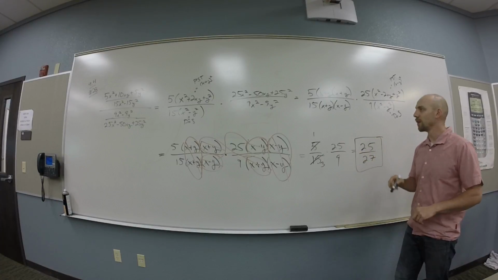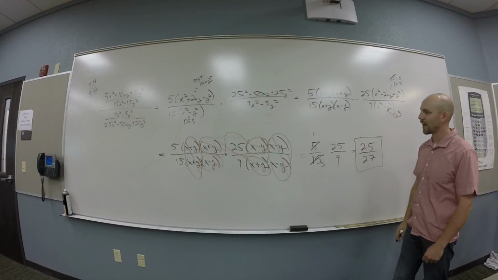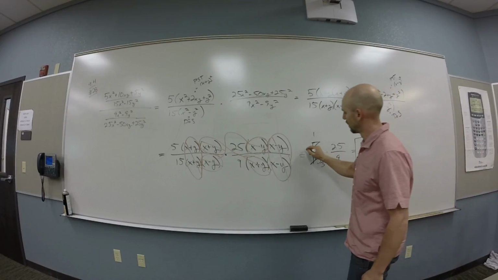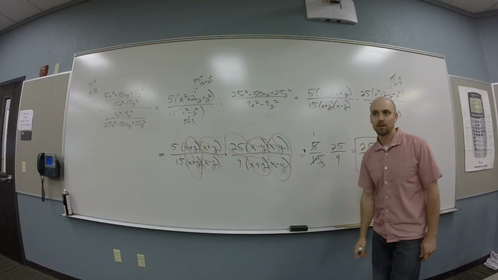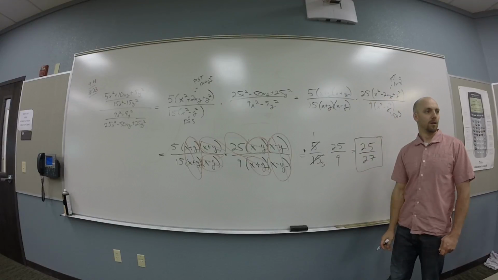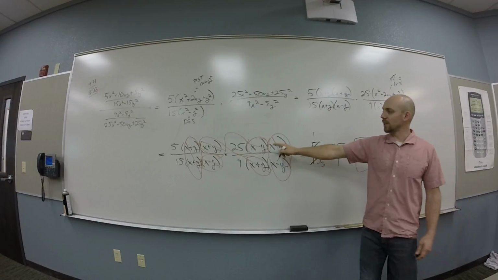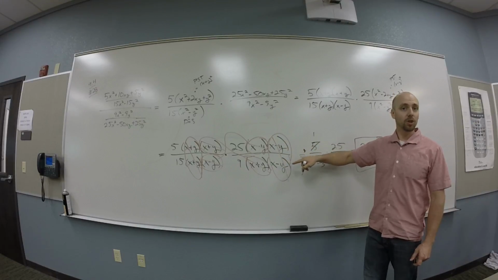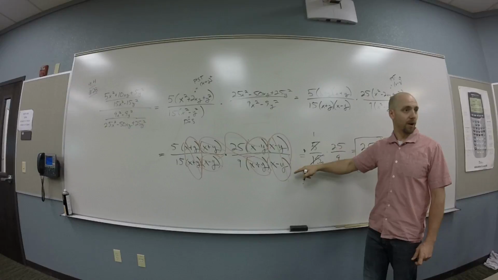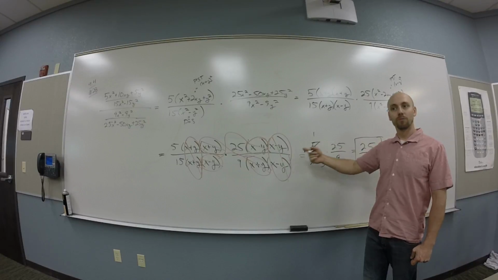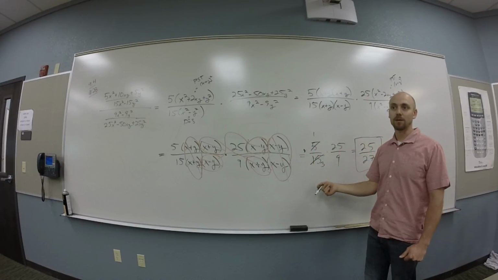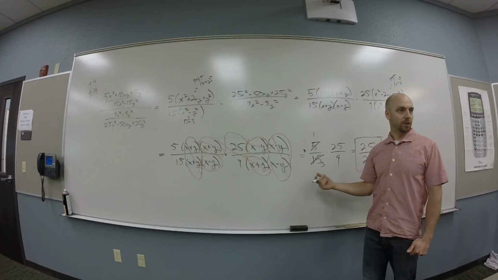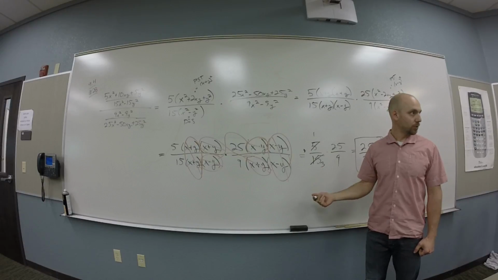And I should remember that there's also this little asterisk thing, right? Really, all these things I said were onesies were onesies so long as they weren't 0 over 0. So the directions in 9.4 say the variables are restricted to values that prevent division by 0.